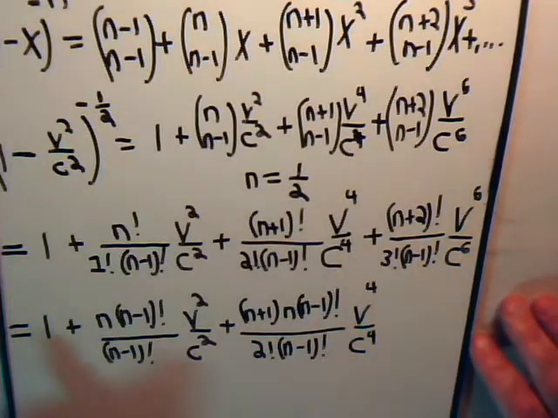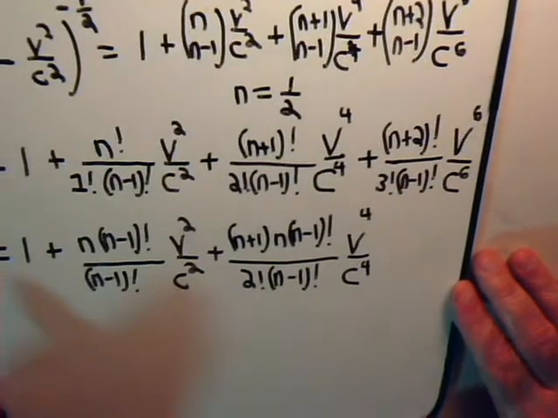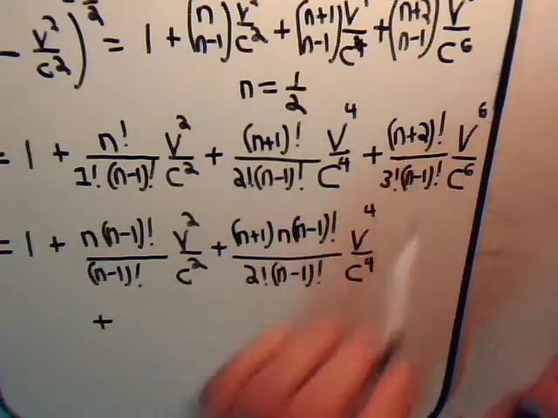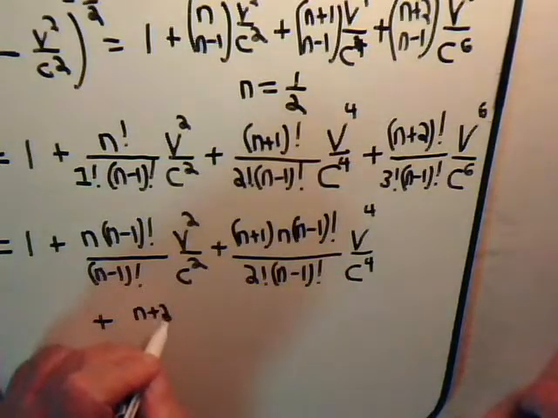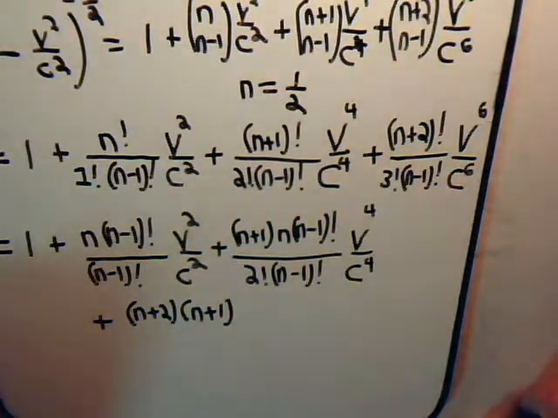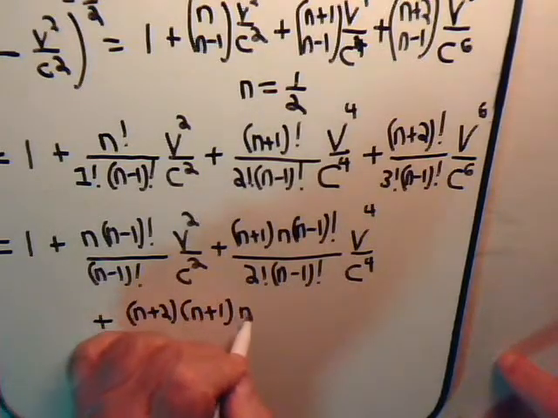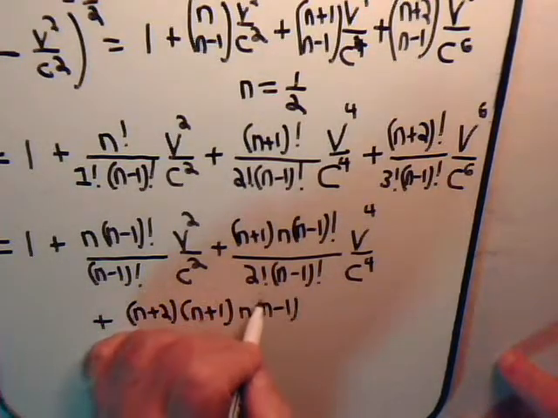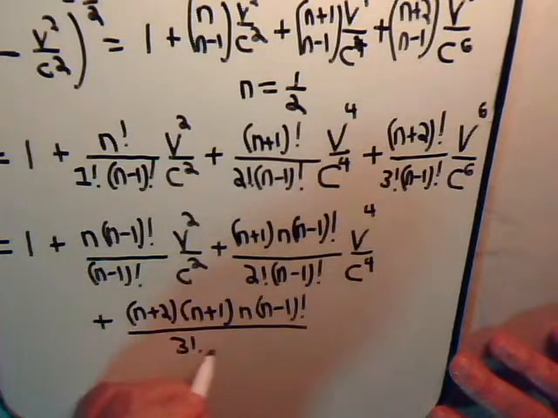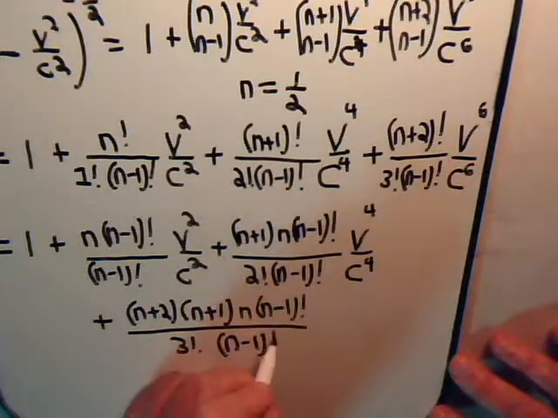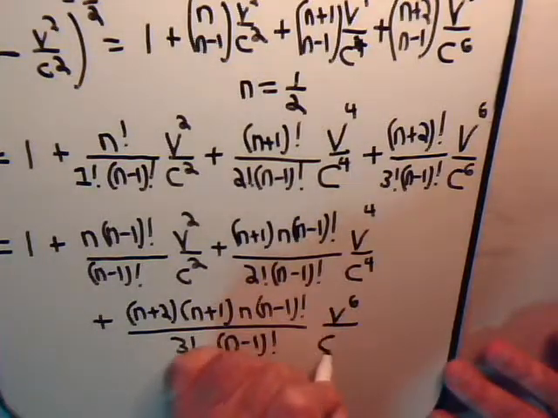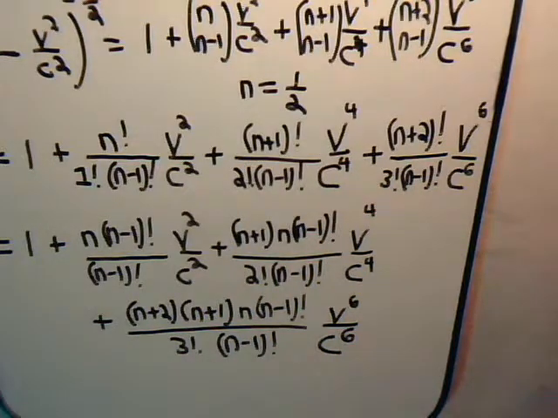And for this term, let's write it down here, we have plus n plus 2 times n plus 1 times n times n minus 1 factorial divided by 3 factorial times n minus 1 factorial times v to the 6th divided by c to the 6th.